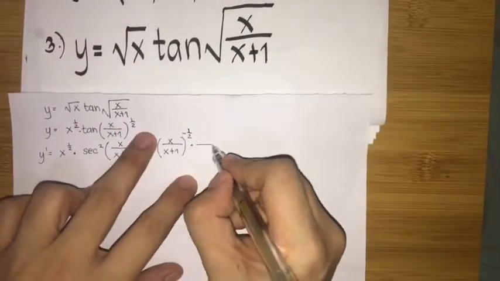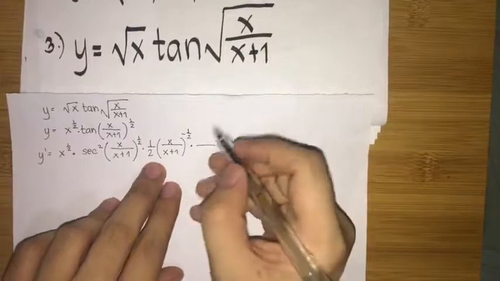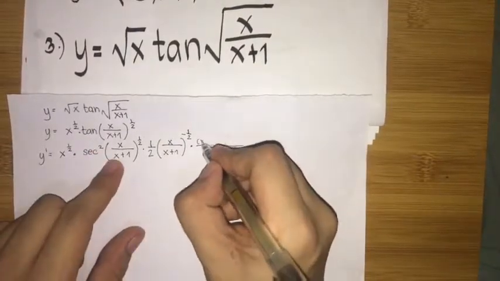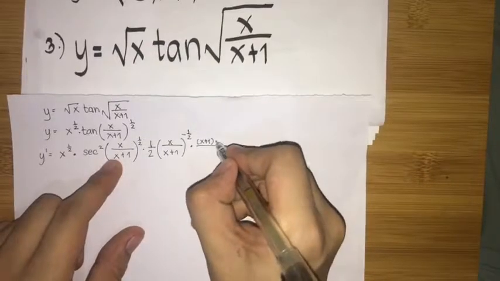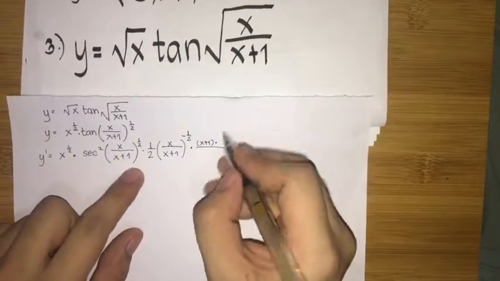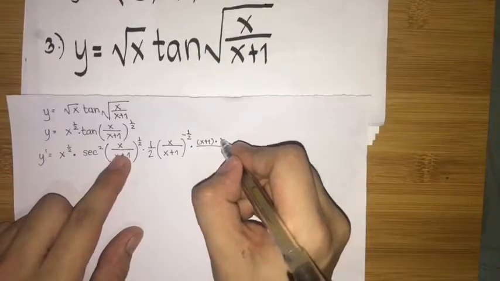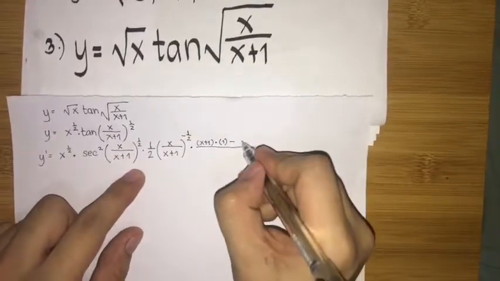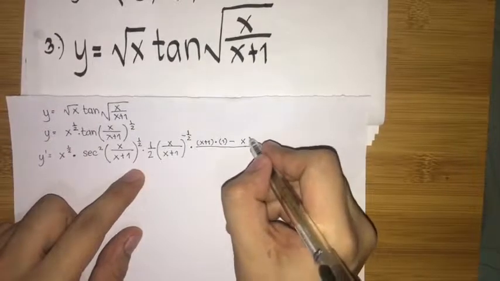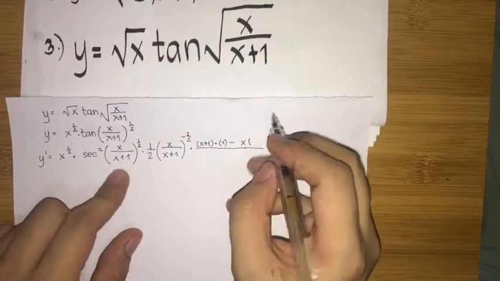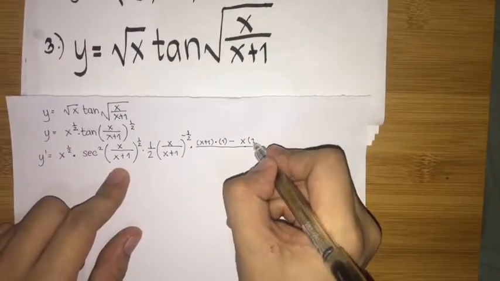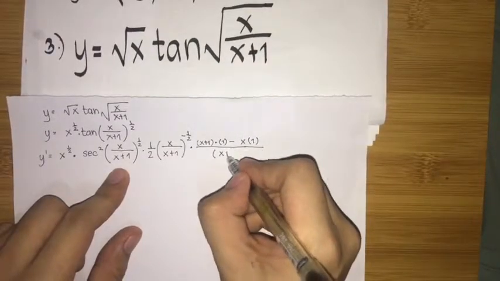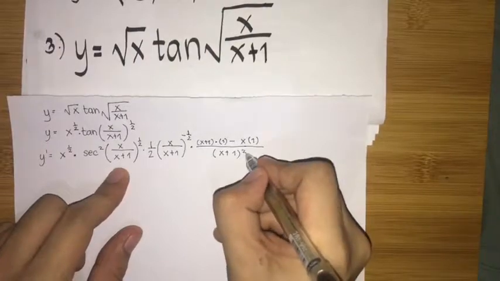So multiply it by, applying again quotient rule, copy first the denominator x plus 1, multiply by the derivative of the numerator, which is x, its derivative is simply 1, minus, copy now the numerator, multiply by the derivative of the denominator, which is also 1, and then for the denominator we'll have to square x plus 1.